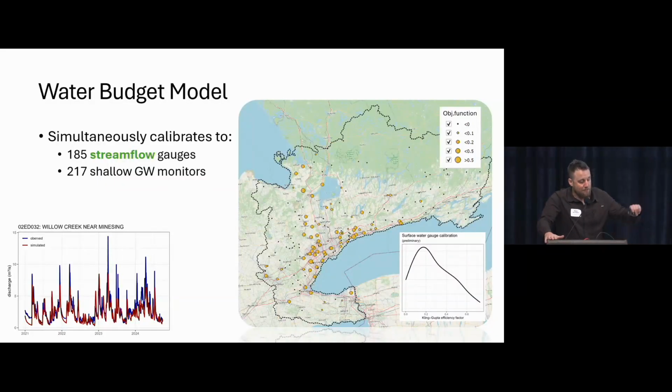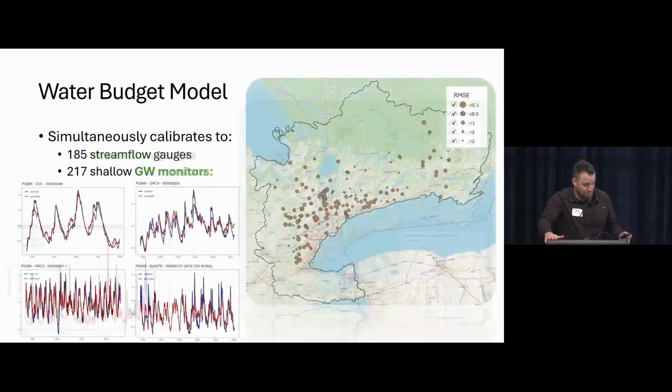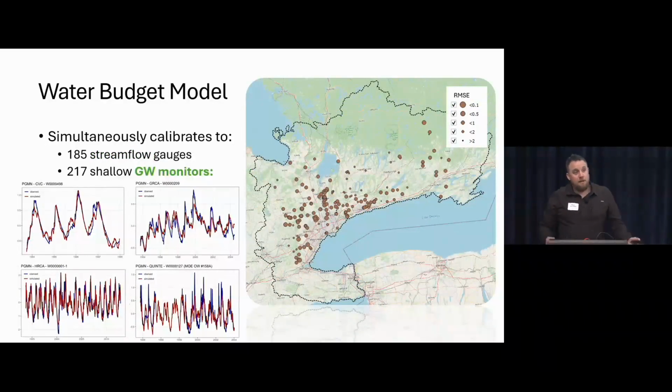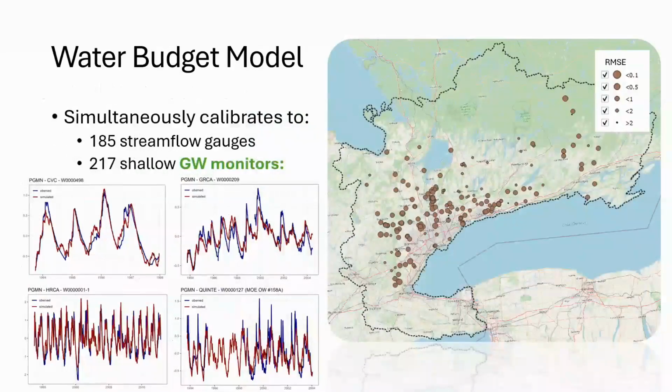But we're not here to talk about runoff, we're here to talk about groundwater. The nice thing is that because this is an integrated groundwater surface water model, integrated in the sense that we do have some groundwater response, I can also calibrate the model to shallow groundwater monitoring.